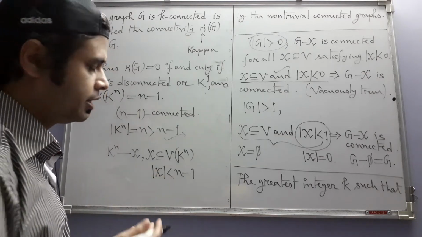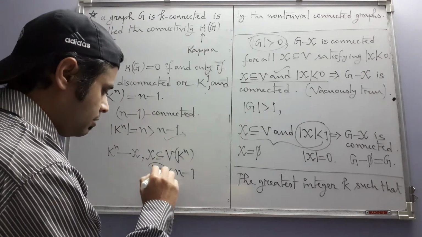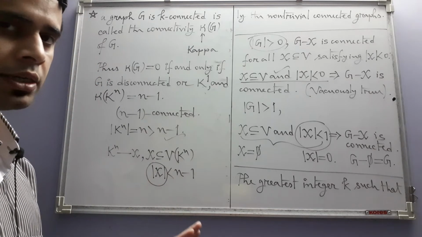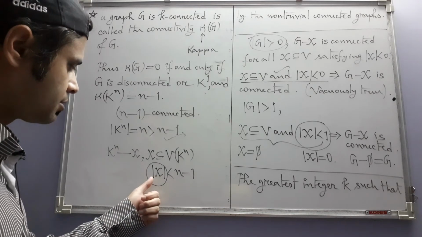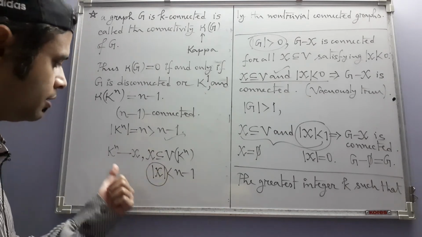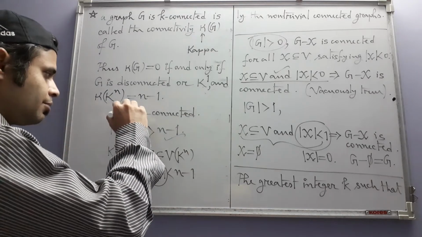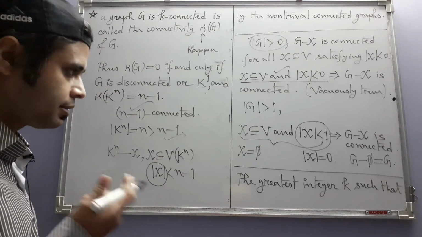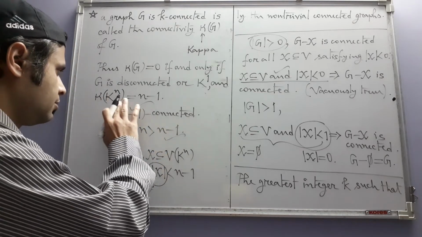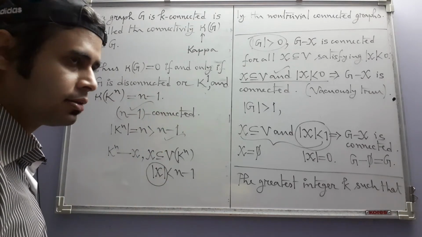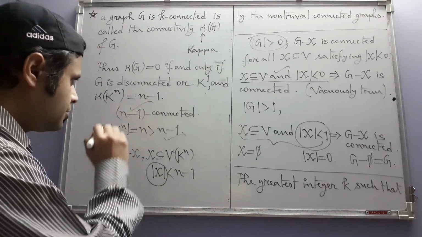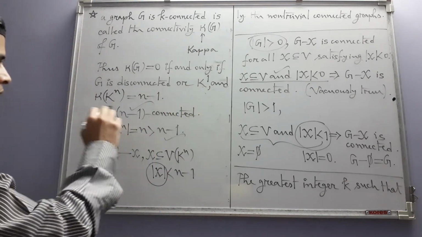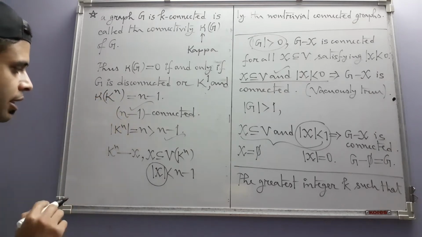And we are not removing edges, we are removing vertices. So the maximum size of X can be n minus 2, in which case also this is connected. So Kn is n minus 1 connected. Now then you say, how does that in itself imply that the connectivity is n minus 1? That is because no higher connectivity is meaningful. You see, Kn has only n vertices.